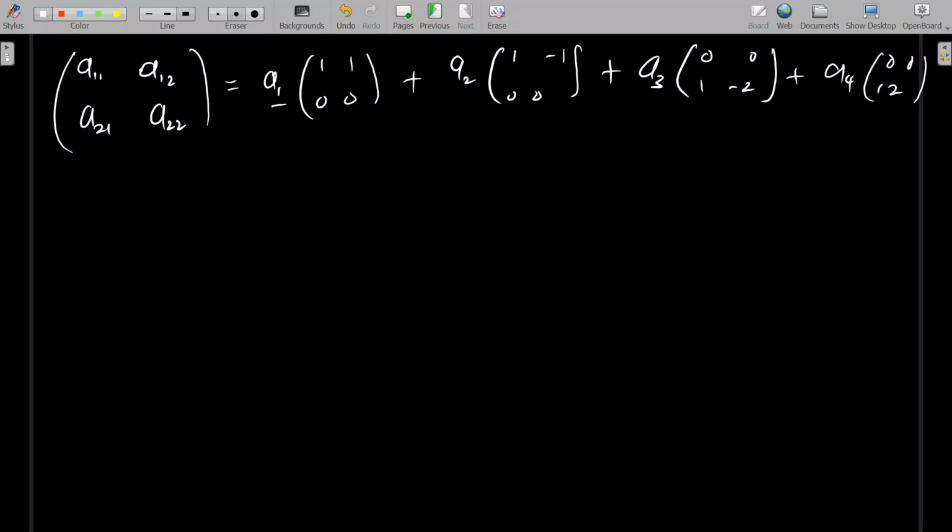And the scalars you need to be able to say that this arbitrary matrix is indeed equal to that are what we found.